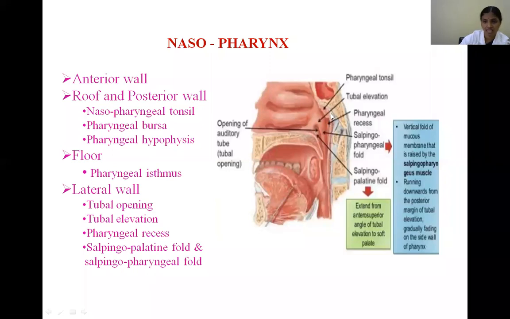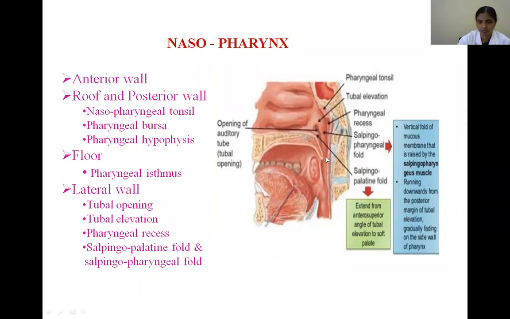This is a backward extension into the nasopharynx of Rathke's pouch. Because Rathke's pouch develops into the pituitary. So part of Rathke's pouch extends backwards into the nasopharynx during development. So it may lead to glandular development on the roof of the nasopharynx. So what is that gland called? Pharyngeal hypophysis.